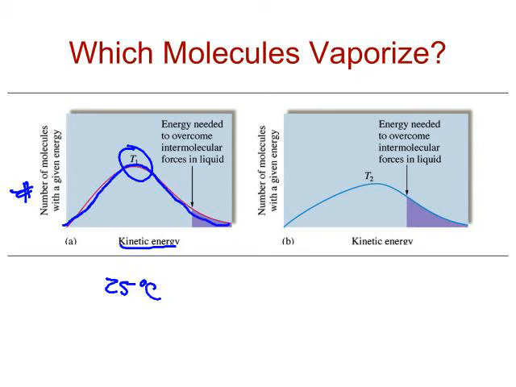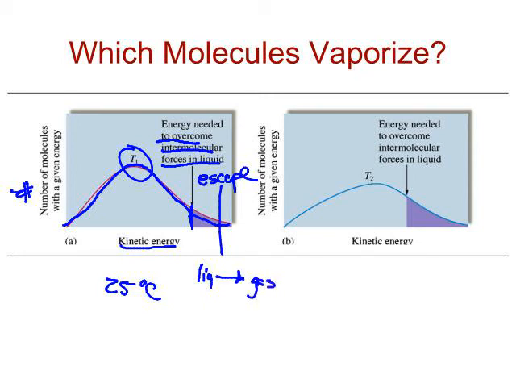If we just pretend for a second that this is a sample of water, what this line here represents is the minimum energy that's needed to overcome intermolecular forces in the liquid. In other words, this is the minimum amount of energy that it requires for a molecule to escape from the liquid phase and go from a liquid to a gas.